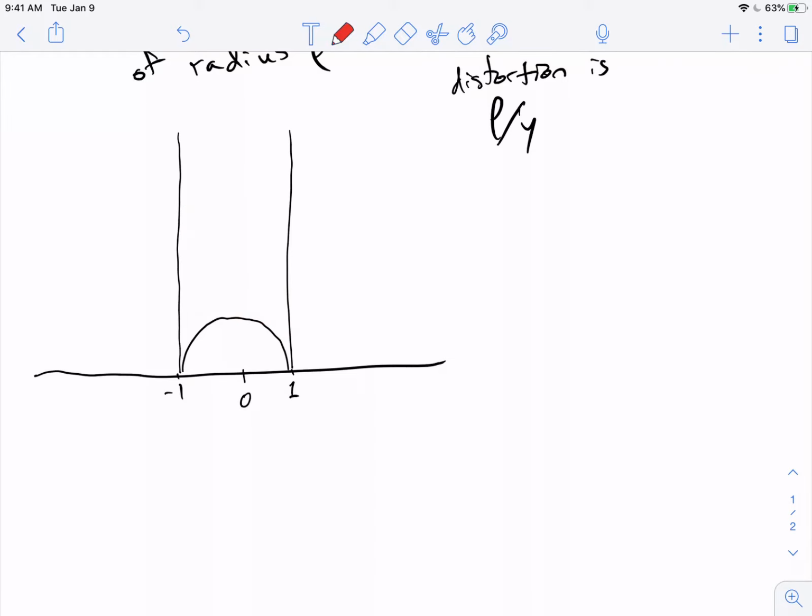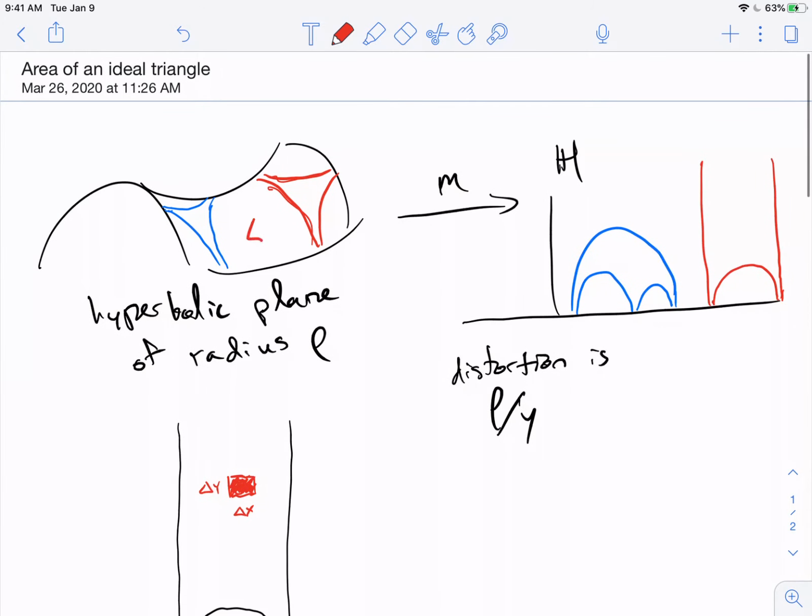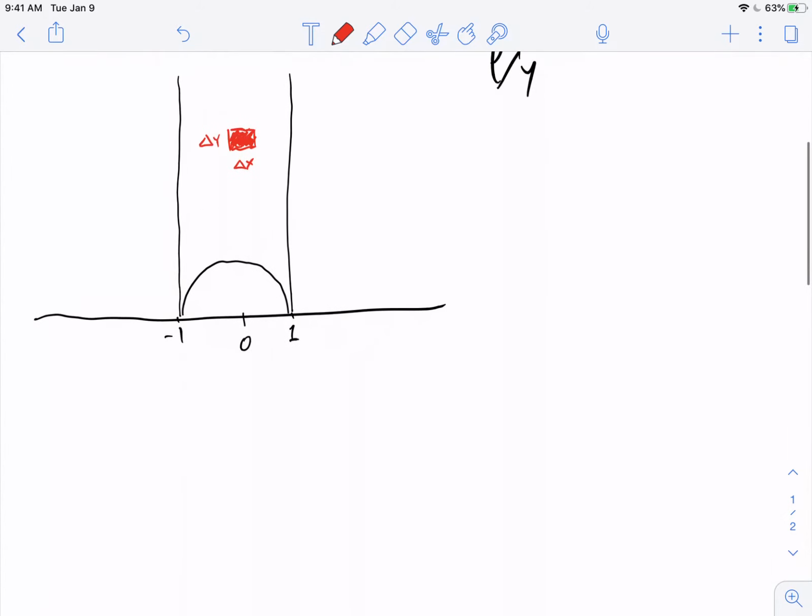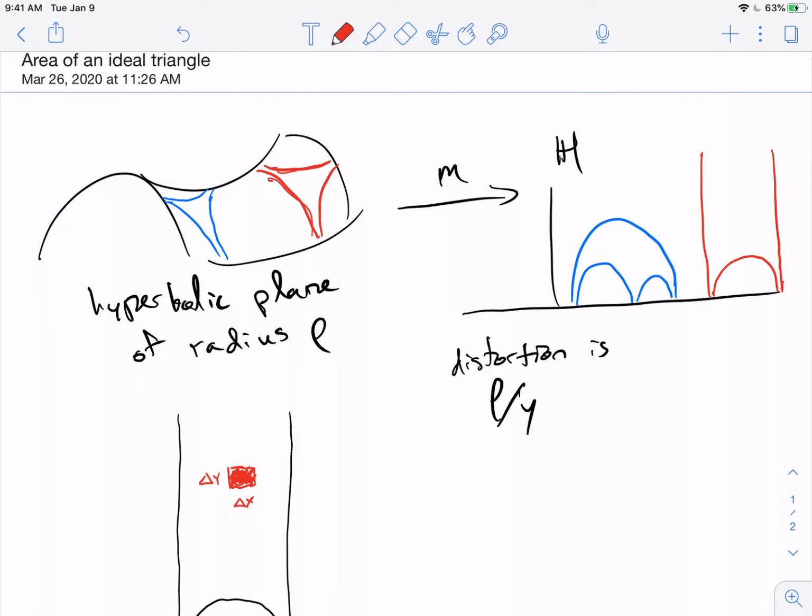So what I need to do is figure out the area of some little rectangle. Let's say it has width given by delta x and height given by delta y. I want to figure out the area of this in the hyperbolic sense. So this corresponds to some region on the hyperbolic plane, and I want to calculate that area. And then I'm going to add those all up. I guess this region is in an ideal triangle, so actually it would be in here maybe, right?